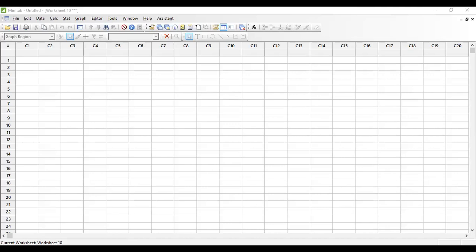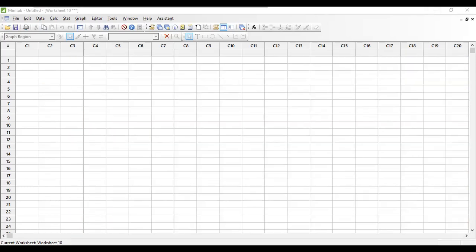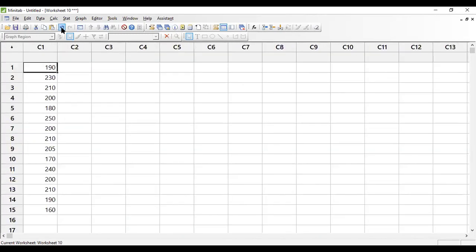Then first you have to copy this data, copy it and paste here. You can see the values.